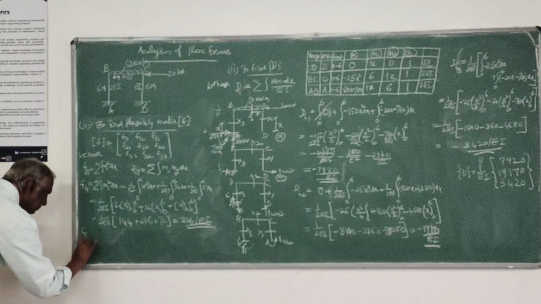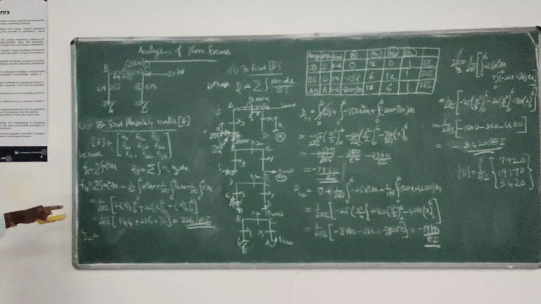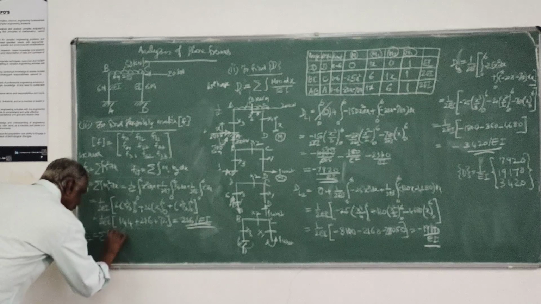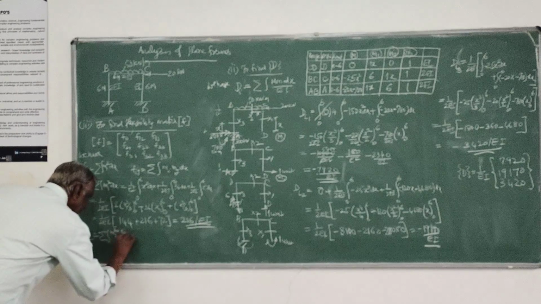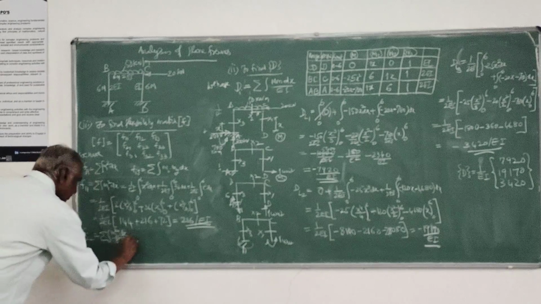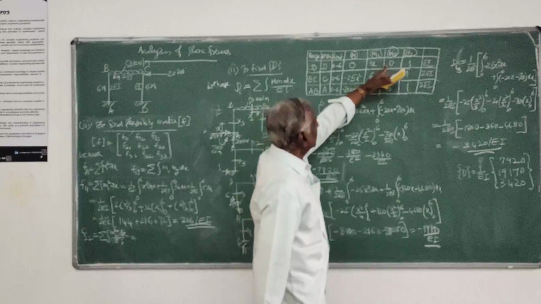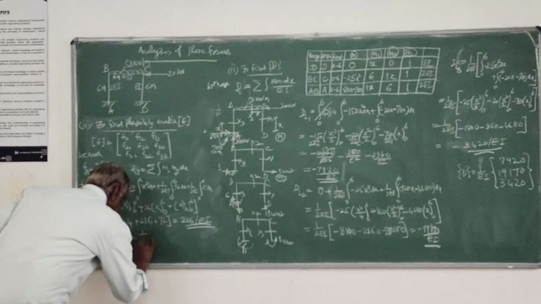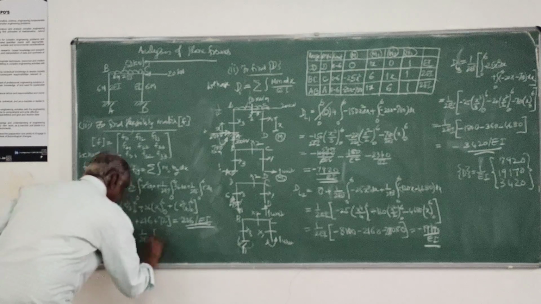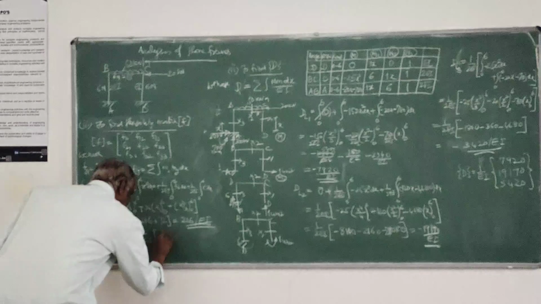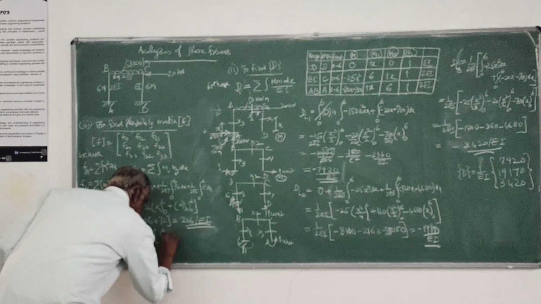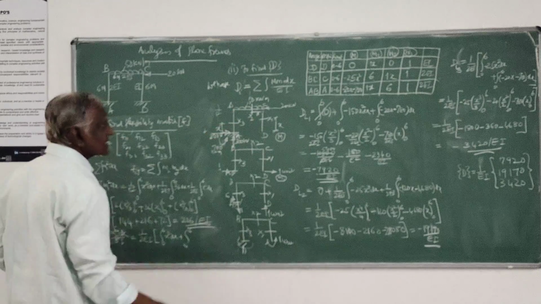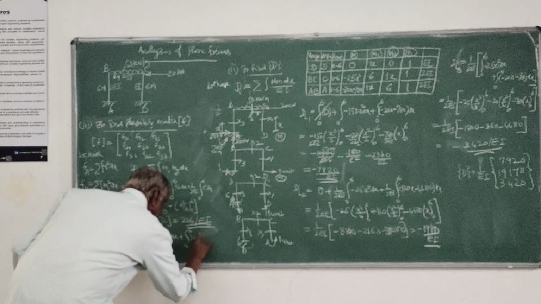Then F22. On similar lines, it is sigma of m2 square dx by EI. So m2 square you have to find out. This it is 0, only these two. 1 over 2EI, I will take it outside. So that is x square, integral 0 to 6 x square dx, plus 0 to 6, that is 6 square, 36 dx.